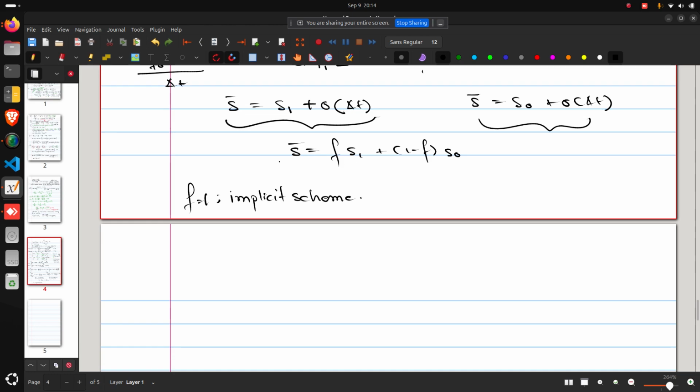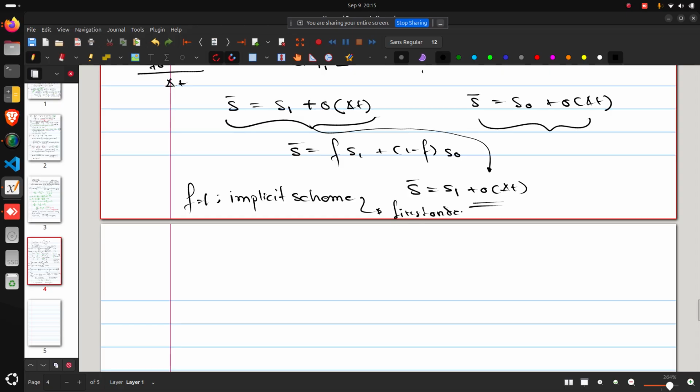So s bar is equal to s1, and it is very similar to this part, but this has an error of the order delta t. So we can say that the implicit time stepping scheme is first order accurate, right?